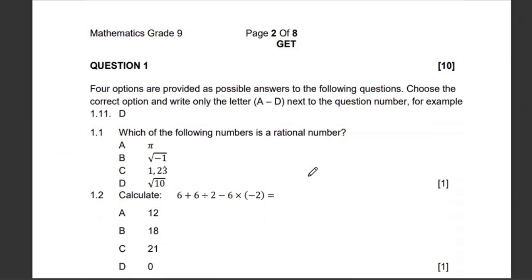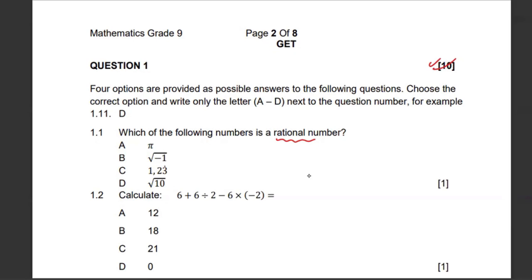All right, so question number 1, we have multiple choice questions. We have 10 of them. They're telling us 4 options have been provided as answers. We need to choose the most correct answer. So which of the following numbers is a rational number?